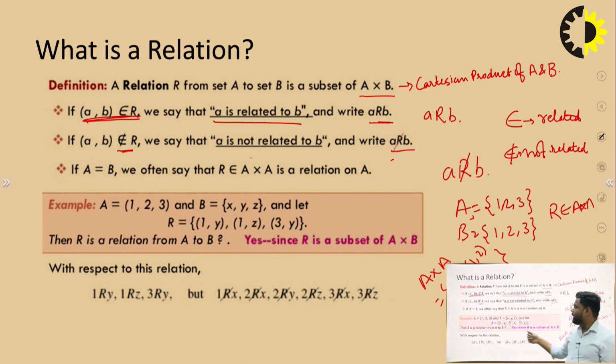There is an example: A equals 1 2 3 and B equals X Y Z. So the relation is 1 Y, 1 Z, and 3 Y. You can take any one.